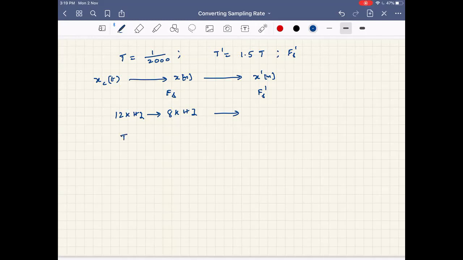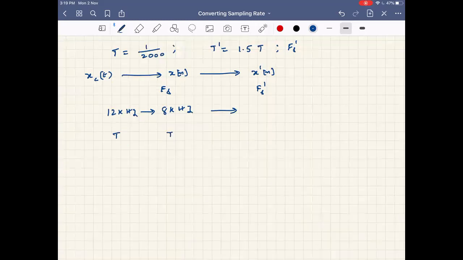This is the initial T, and T dash is equal to 3 by 2 times T. Sorry, the frequency is 2 by 3 times, and then the time period is 3 by 2 times. Or if I consider this as Fs, then Fs dash is equal to 2 by 3 times Fs.